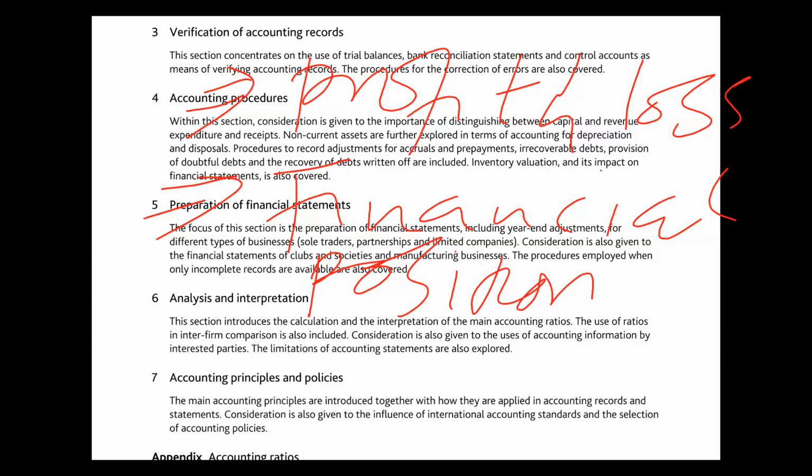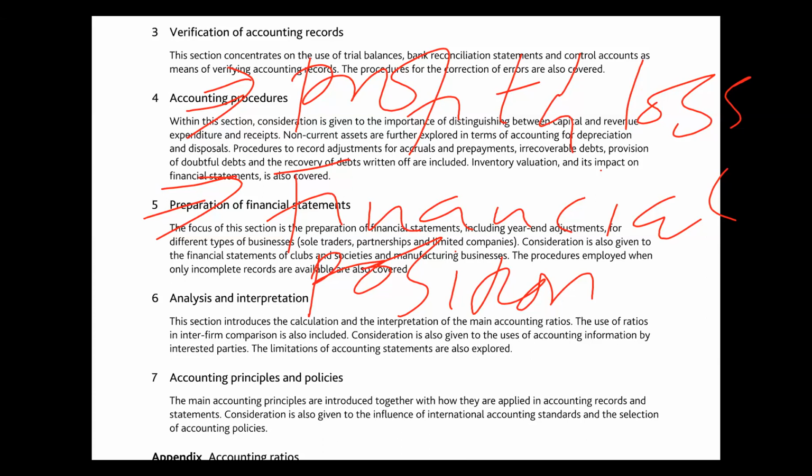Business entities are categorized into groups. In your syllabus, you're going to look at the statements for sole traders, who run businesses alone, for partnerships, and for limited companies.